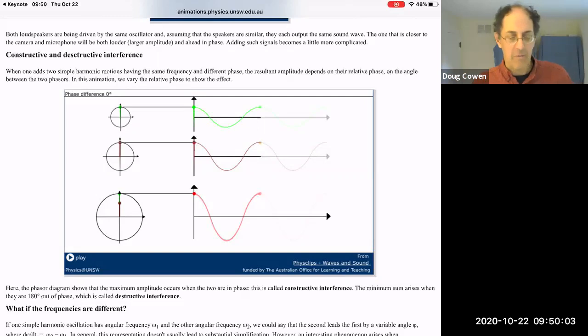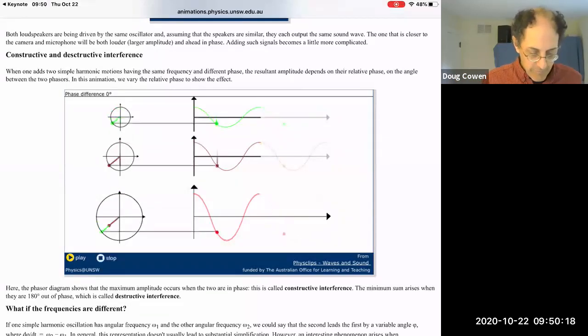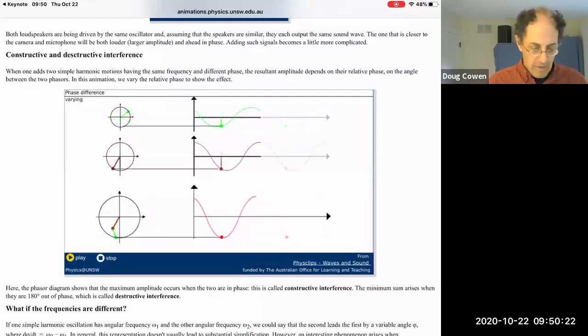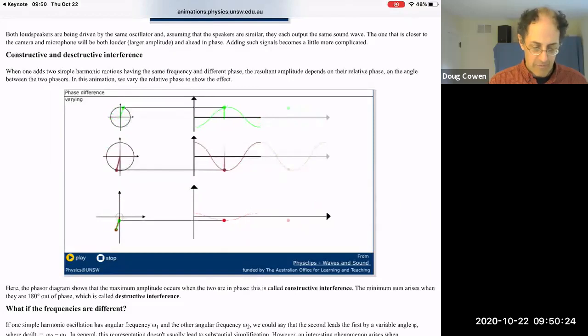We won't quite get to complete cancellation here because these two waves that are being added together, the top two waves, the green wave and the brownish one, don't have the same amplitude. So they're not going to be able to completely cancel one another, as you'll see. So now they're in phase. Then they start going out of phase.